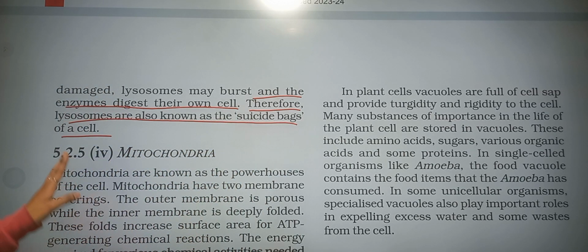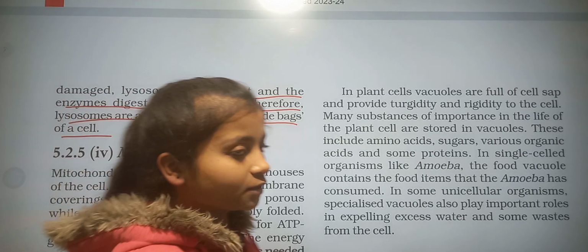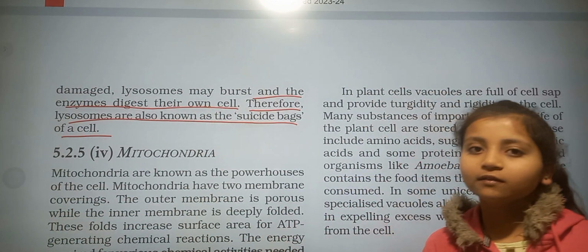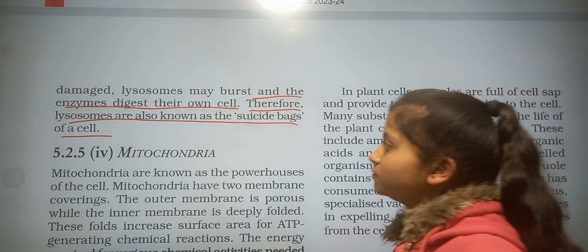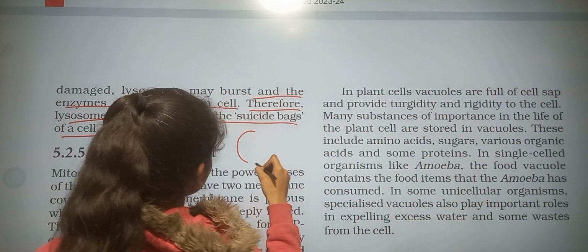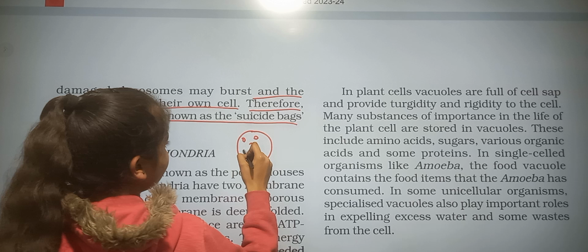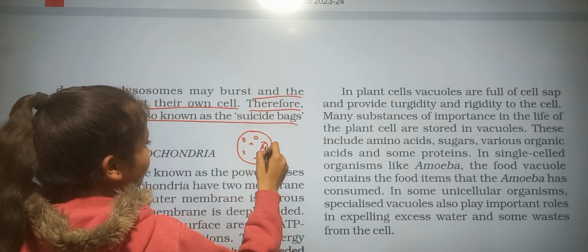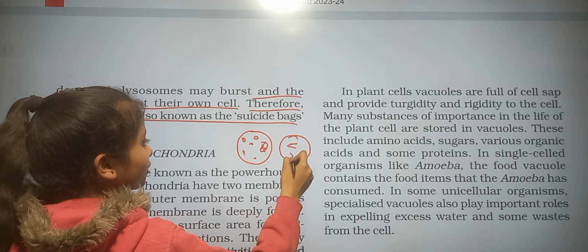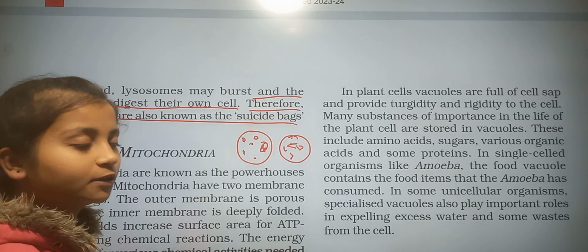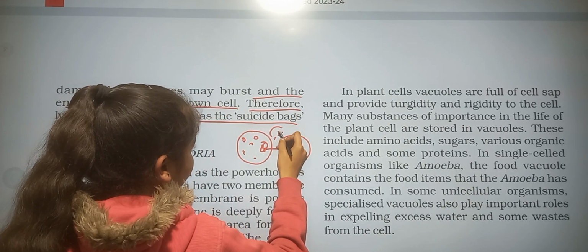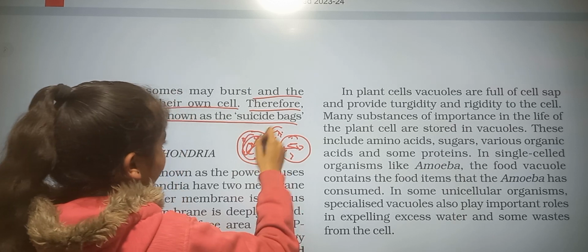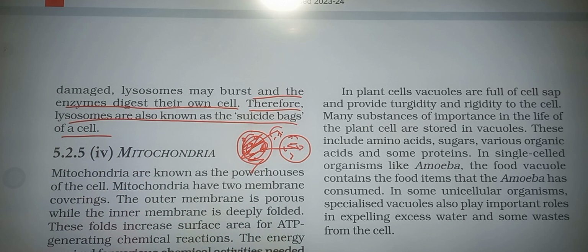It means if a cell is in danger, then the lysosome bursts, and because the lysosome has powerful digestive enzymes, all the organelles inside the cell are finished. So that's why it is also called the suicide bag.